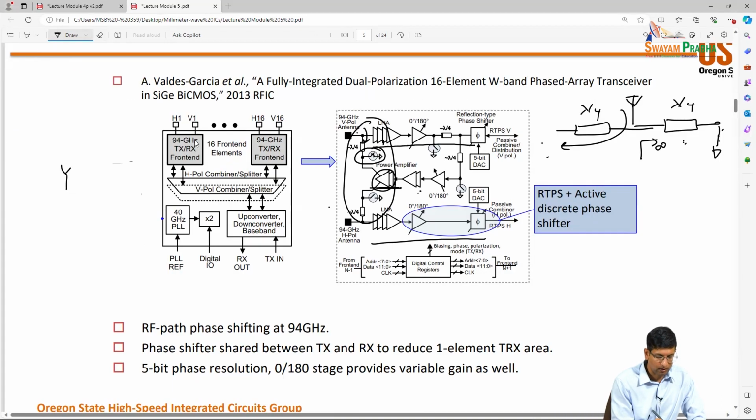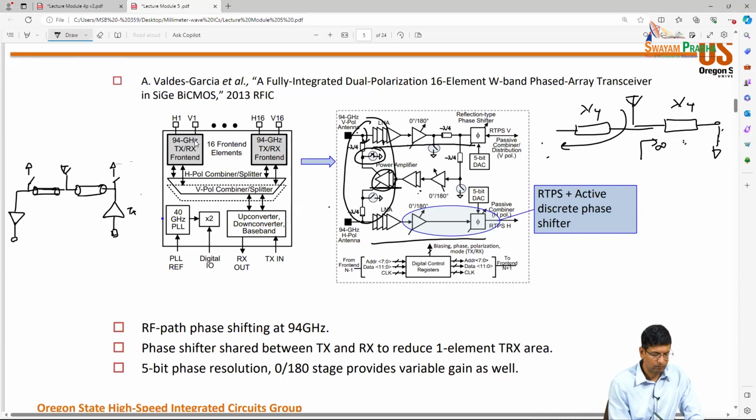For this kind of switch-in application, right?